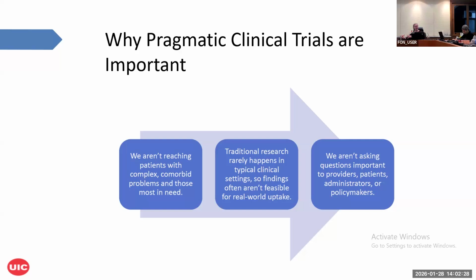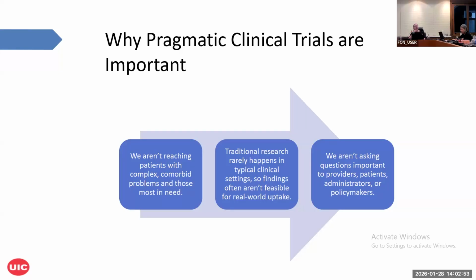It's outside or in addition to normal clinical practice. That would be a randomized clinical trial. The challenge with that is that findings then are often not feasible for real world uptake. Okay, they're not practical and we can't really use them in a regular clinical setting.